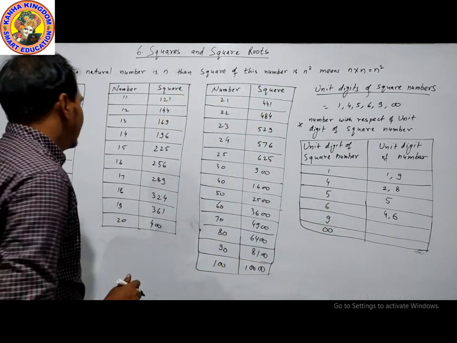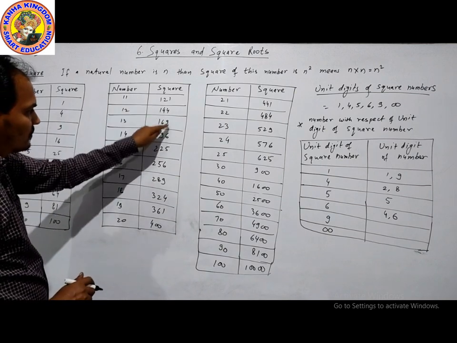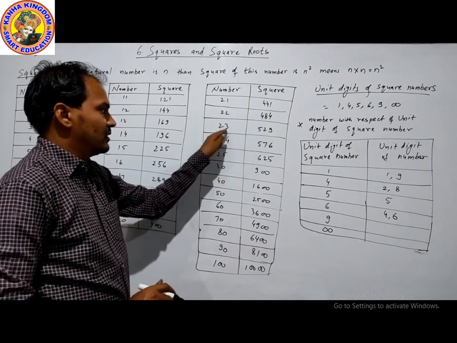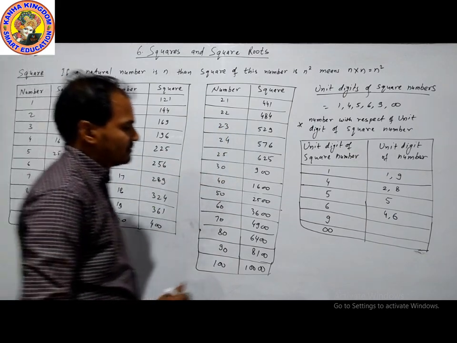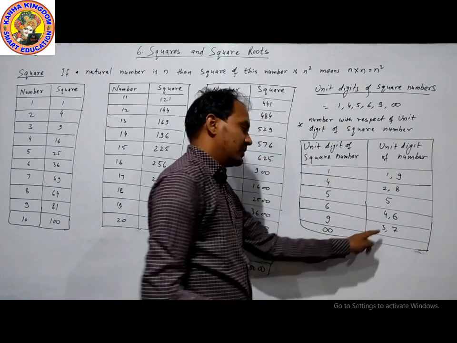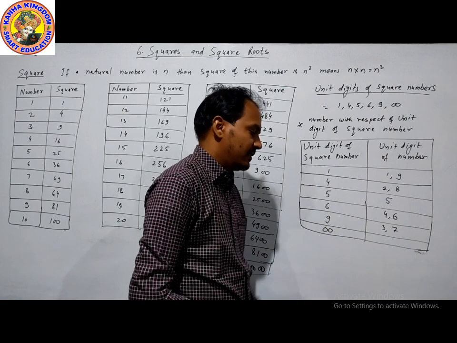Now getting 9: it comes from 3 and 7. 3 square is 9, 7 square is 49, which gives 9.